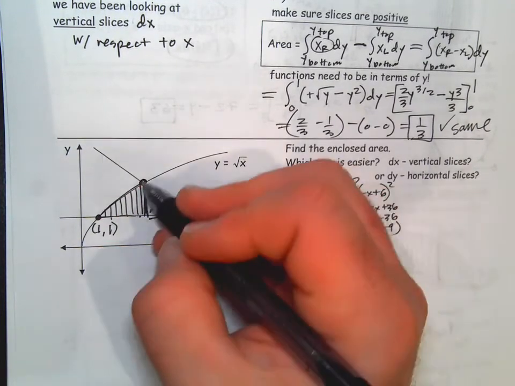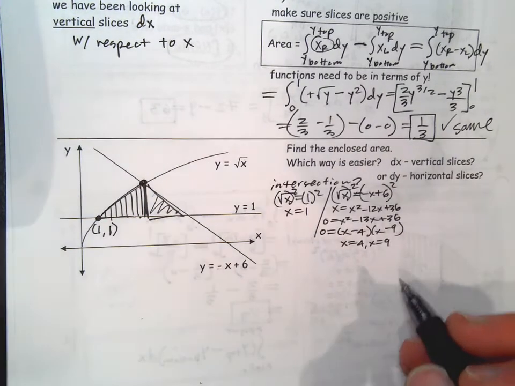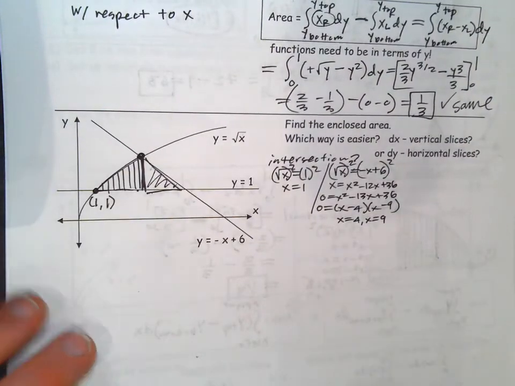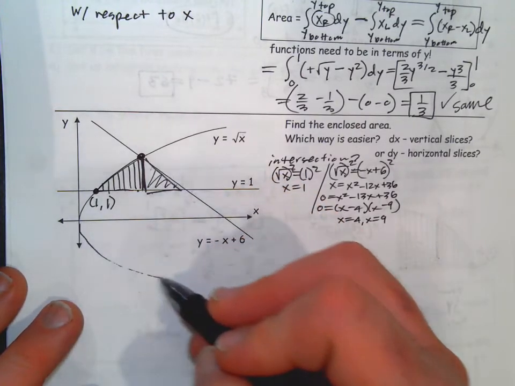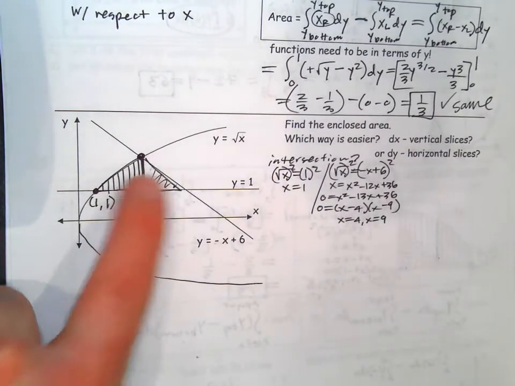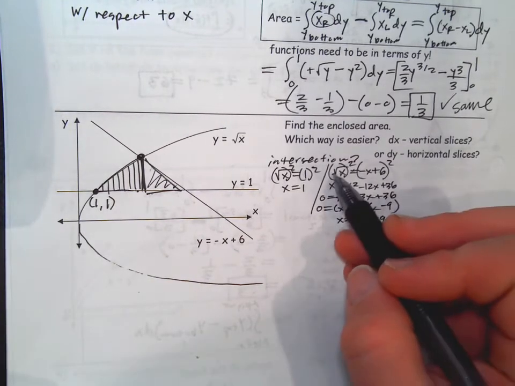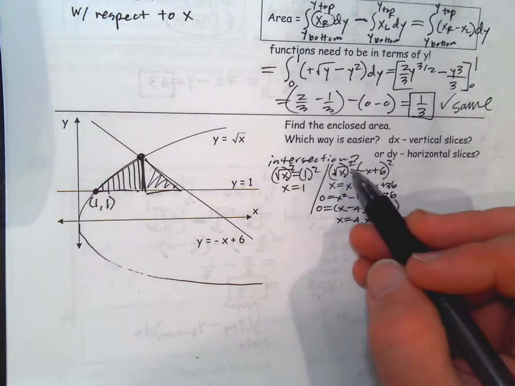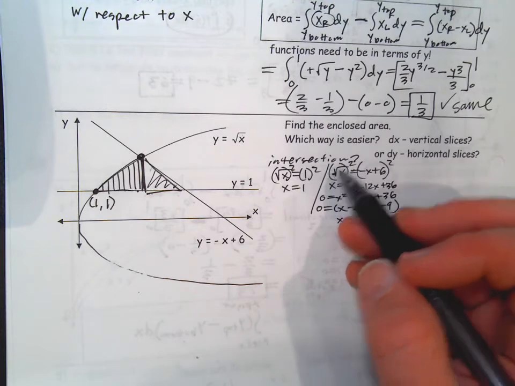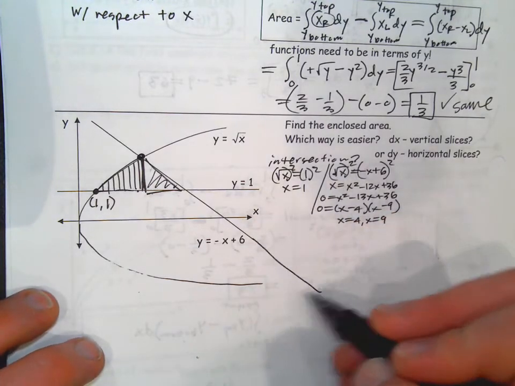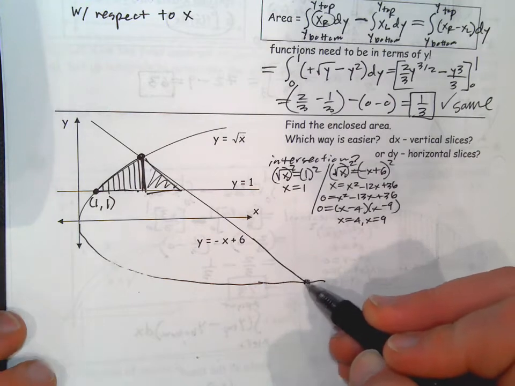Which one is this? 4 or 9? Now, here's the thing. This is giving you two answers because it's thinking that the bottom of this sideways parabola is also there, because that would be negative square root of x, and you'd get the same work if you squared the negative, it would give you positive x, right? And so this line, you could also imagine, will intersect it down here.